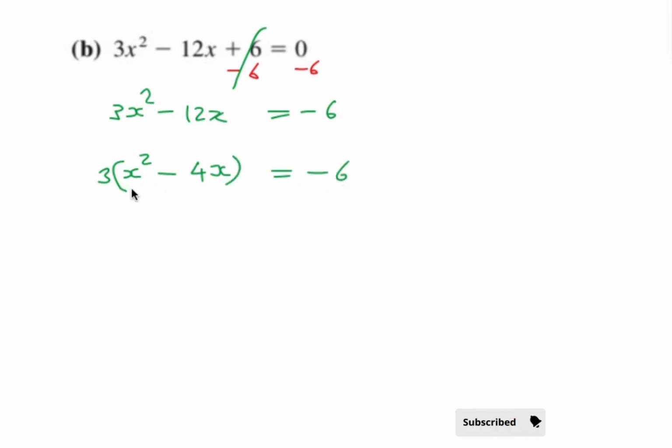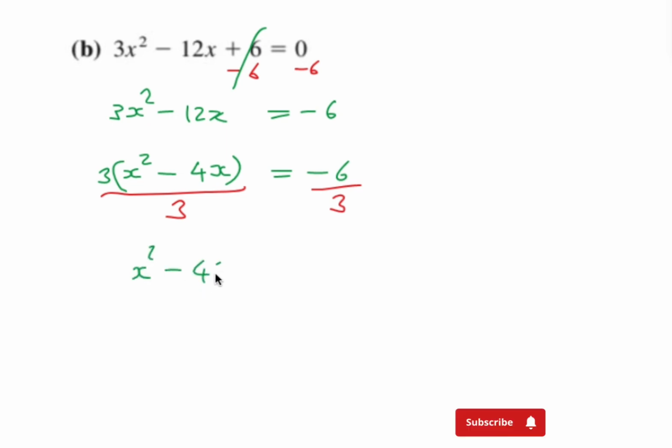And we can divide both sides by 3. So x square minus 4x equal minus 2. 6 divided by 3 is 2, different signs, so the answer is negative.